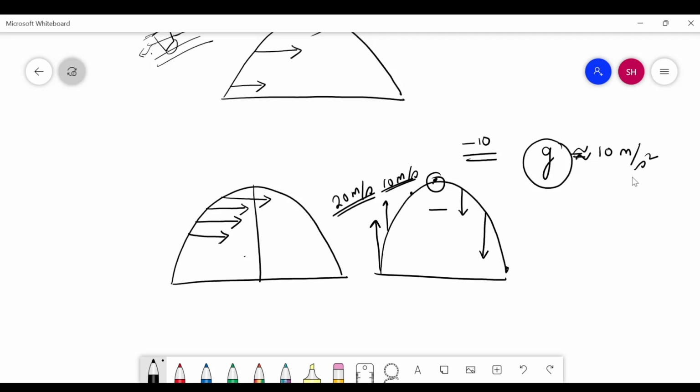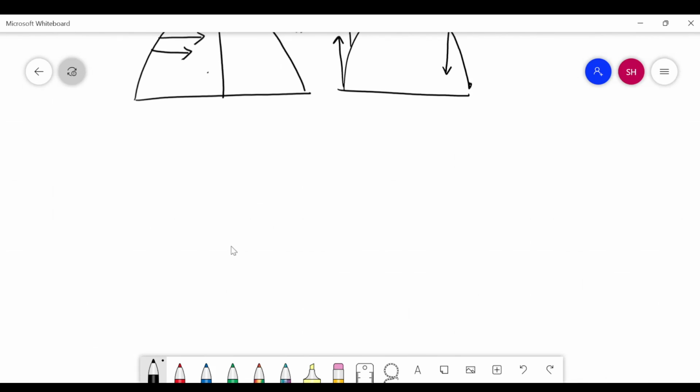And this is why, if we look at the path, at each second the y component is going down. Eventually it will become 0, then it will start coming down.